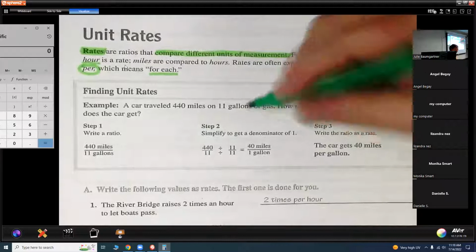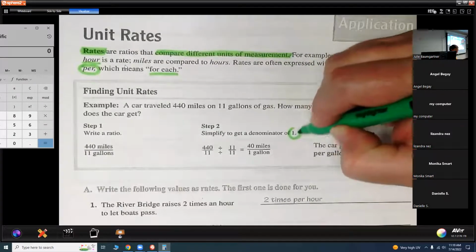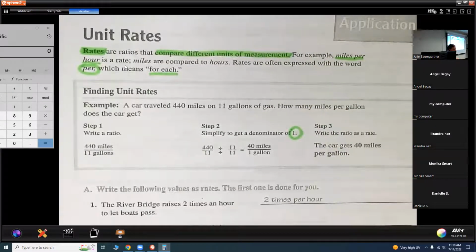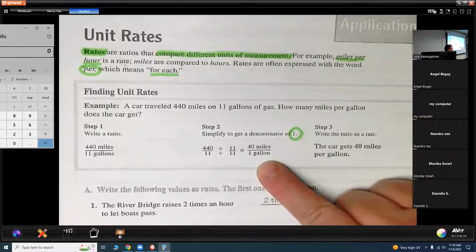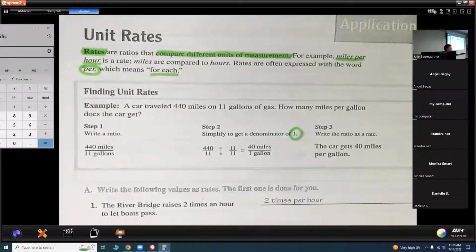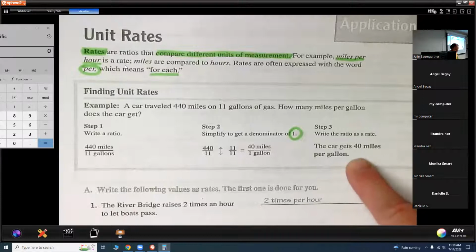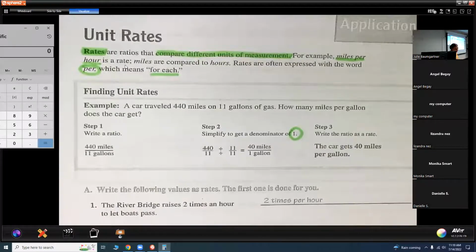And here's the thing about rates: generally we simplify it down so that the denominator is 1, so that the bottom unit, the gallons or the hours, is 1. Because it's always 60 miles per 1 hour, as a speed limit, potentially. So how do we write it as a rate? We know that the car gets 40 miles per gallon. Not bad.